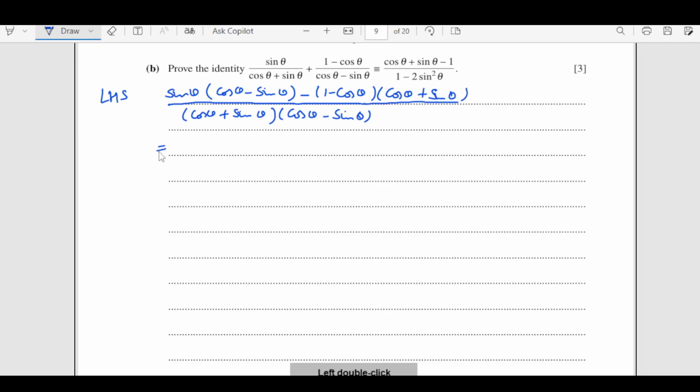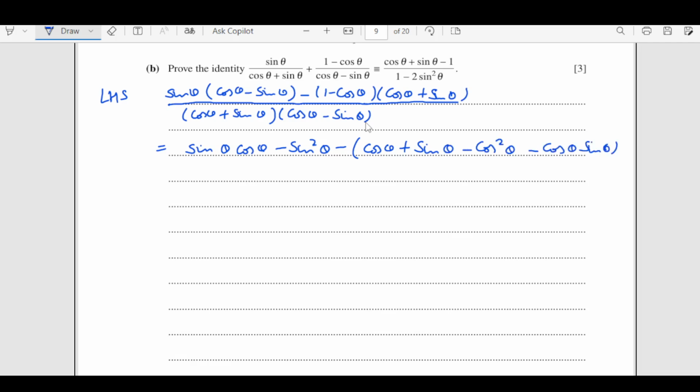So now when you expand, this will be sin theta, expand the brackets, sin theta cos theta minus sin squared theta. Then we have minus here. Let's first open this one, expand this one. 1 will be multiplied to both, cos theta plus sin theta, minus cos squared theta minus cos theta sin theta, right.